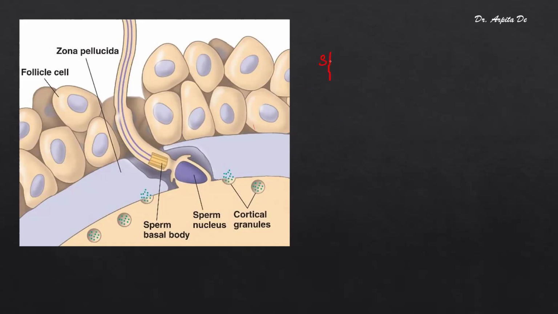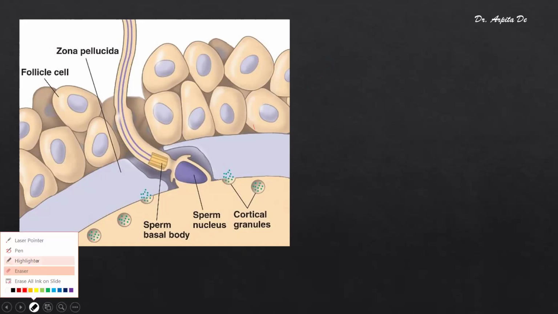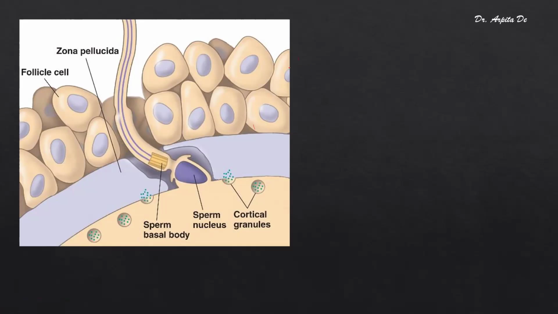So what happens? The sperm is activated in the female reproductive tract itself.